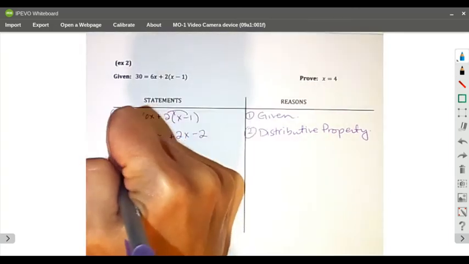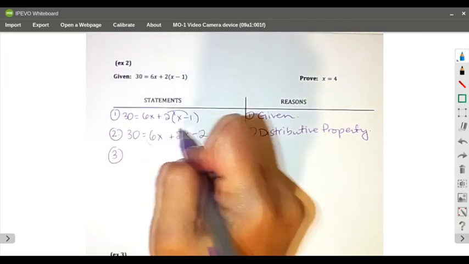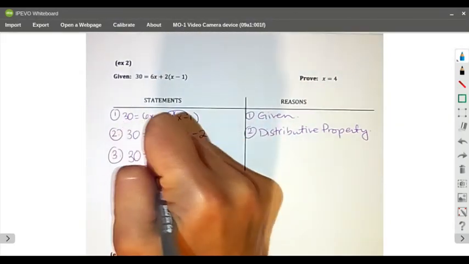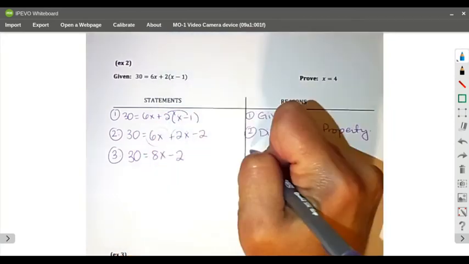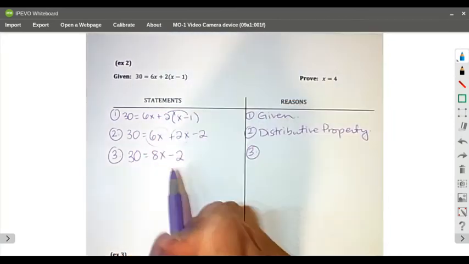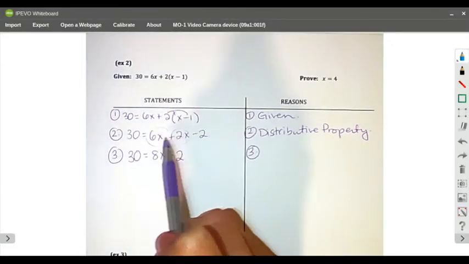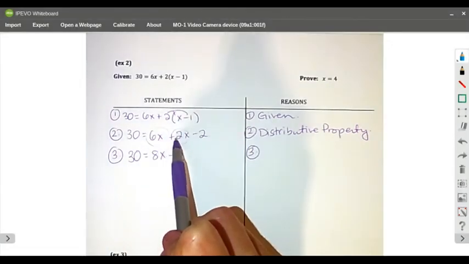Okay, next thing we would do is combine these like terms, right? 6x and 2x would be 8x, so 30 equals 8x minus 2. A very common error that kids make here is, because yes, we did add them, kids want to say addition property of equality. It's not addition because we didn't add anything to both sides of the equation.